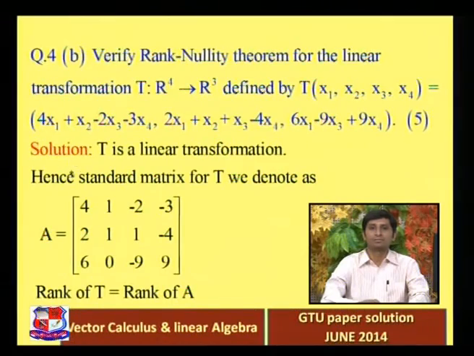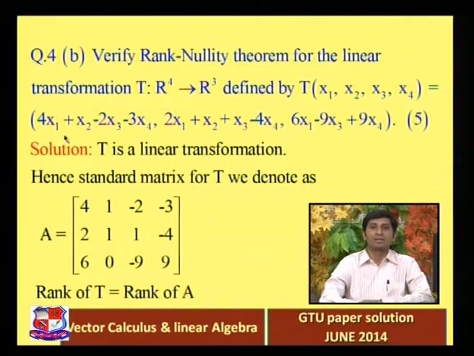Here is the solution. T is a linear transformation, so the standard matrix for T we denote as A. From the first coordinate we can write down the first row. Because T is a Euclidean linear transformation, we can find the standard matrix using this simple method.